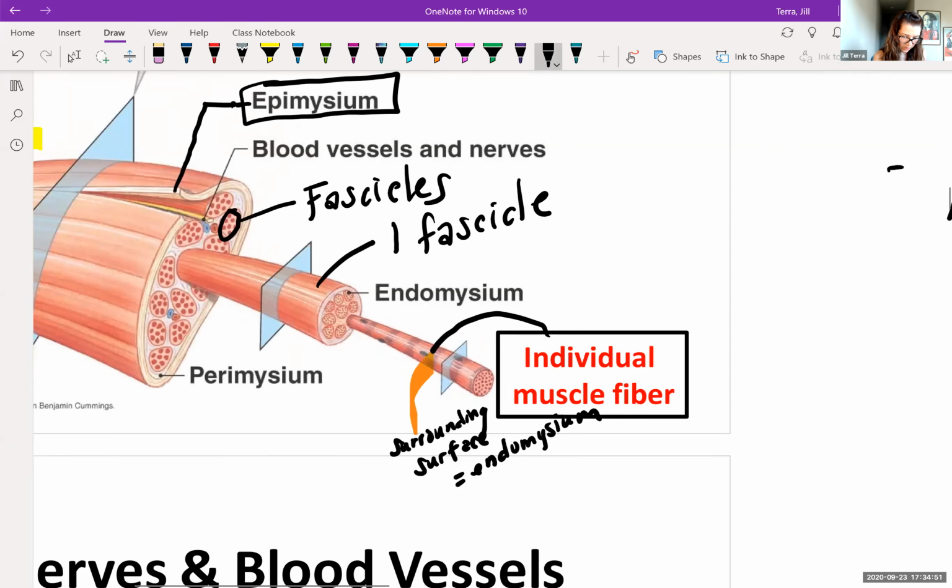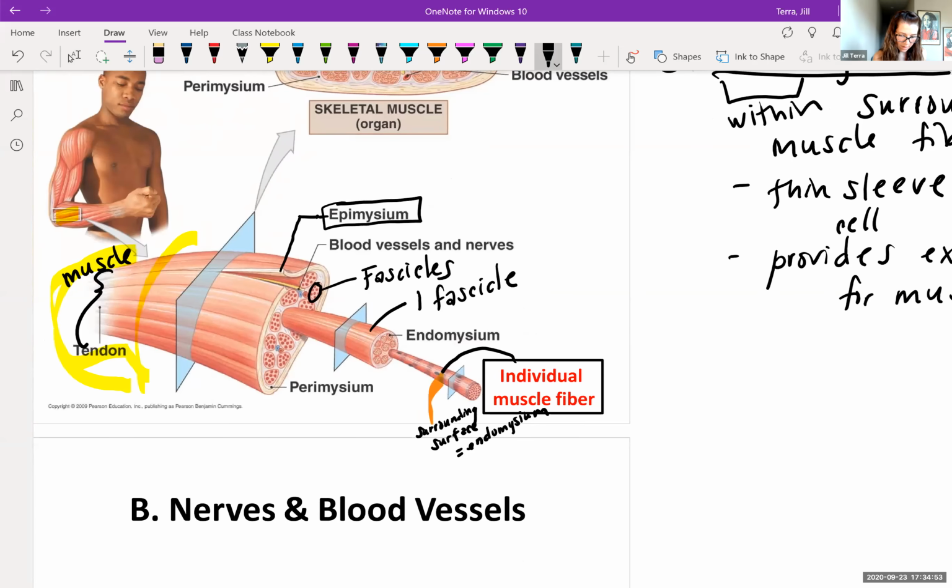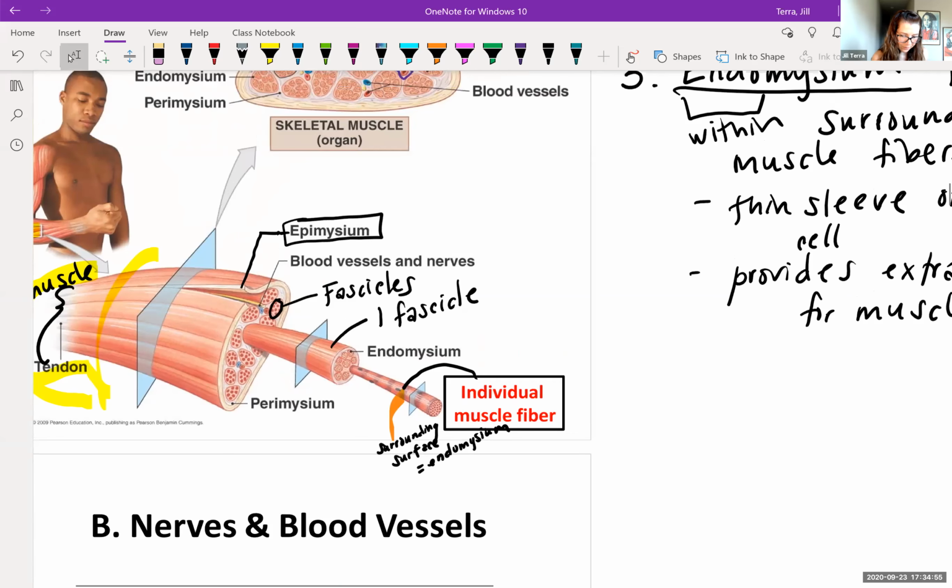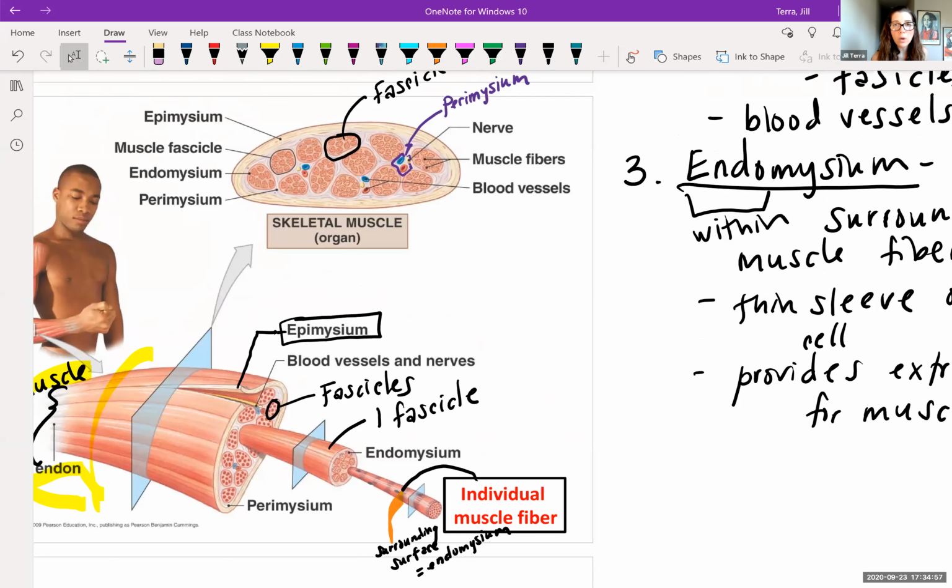Surrounding the surface is the endomysium there. Again, we can see that there are blood vessels, shown as a red tube and a blue tube, representing arteries and veins that we'll learn about. And then there are nerves that are embedded within the perimysium.